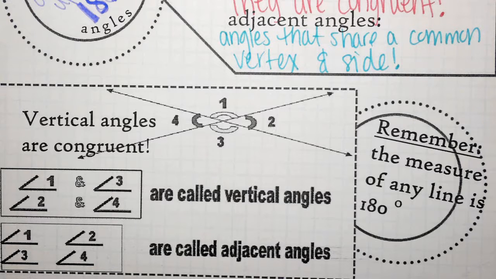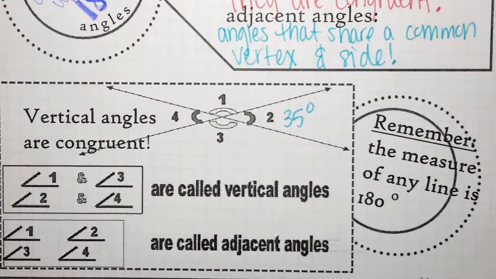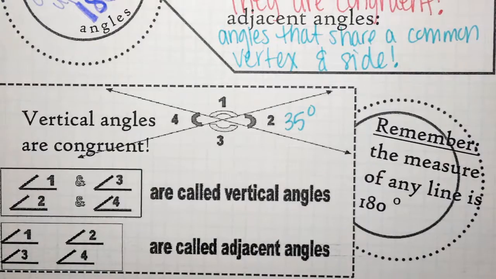What's the sum of 4 and 3? What's the measure of 2 and 4? 90. No, we don't know what that measure is, do we? So if I said that this was 35 degrees, what would be the measure of angle 4? 35. What would be the measure of angle 3? Aha! 45. Okay, good.